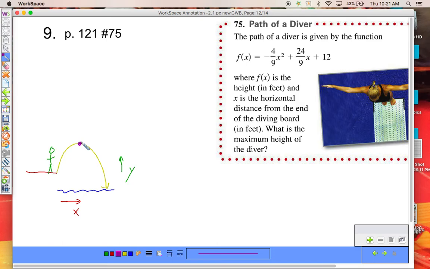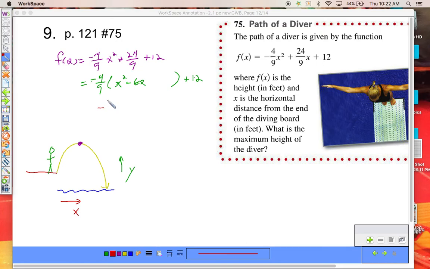All right, we're going to complete the square just to practice it. All right, that's not going to be as bad as it looks, if you could read it. All right, I'm going to take out a negative 4/9. X squared minus 6 is left over when I take out a negative 4/9. So I'm going to put a minus 3 plus 9.